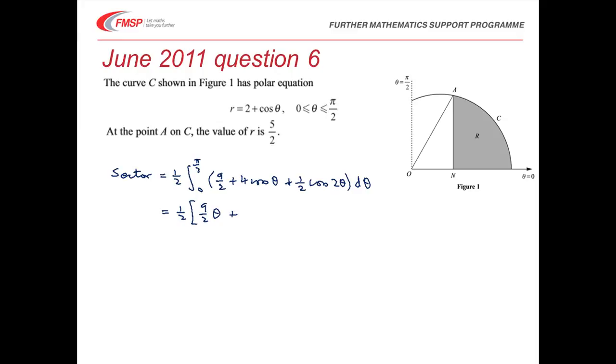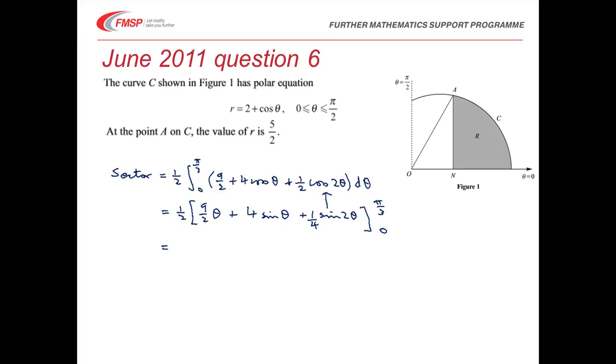Integrating the 4 cos theta is going to be 4 sine theta, and integrating the 1/2 cos 2 theta is going to be sine 2 theta, but it needs balancing up with another 1/2, so it's going to be 1/2 times 1/2, which is 1/4 sine 2 theta, from 0 to pi/3. A good way of checking this integral is to differentiate it and check that it does give you a half cos 2 theta. We can now substitute the limits in.